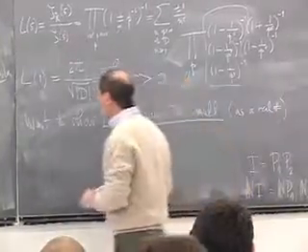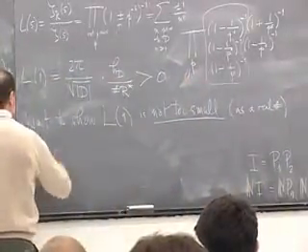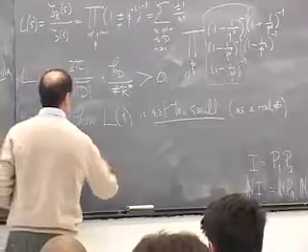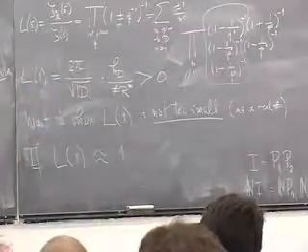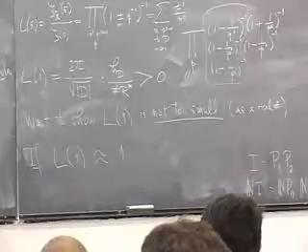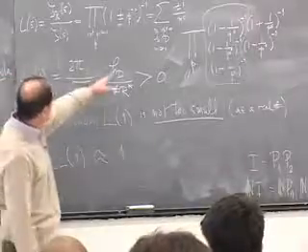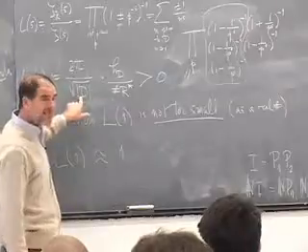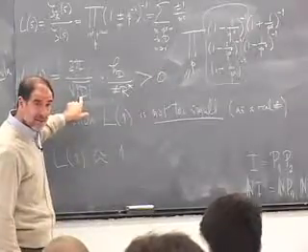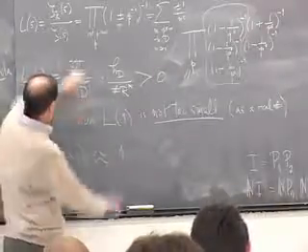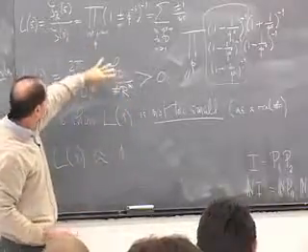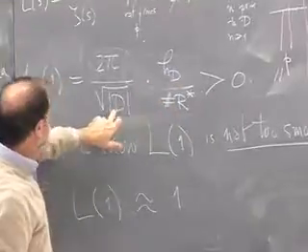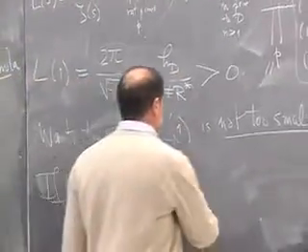Because if you could show L of 1 is about the same size as the constant 1, namely it's not 10 to the minus 70th or something, but it's about the size of 1, then that shows that the class number is about the same size as the square root of the discriminant. Right? This is all just constants. So to show that this is large is to show that the class number is growing like the square root of the discriminant.